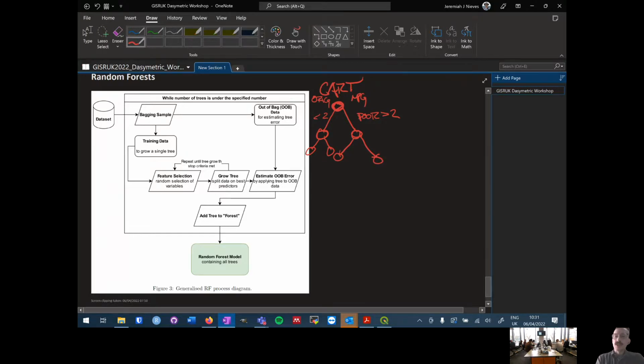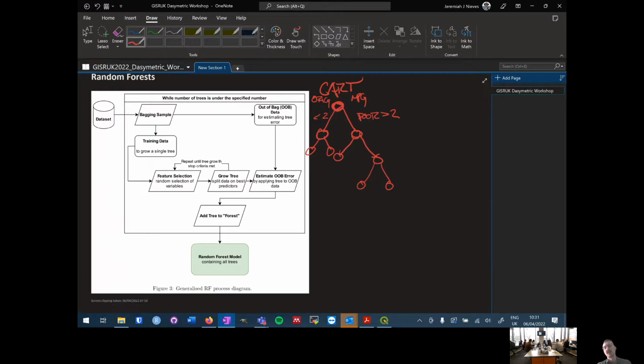It does this so on and so forth until you meet some sort of stopping criteria, whether that means there's only one observation in each node, or there are 5 observations, or there's some other criteria that tells it to stop.